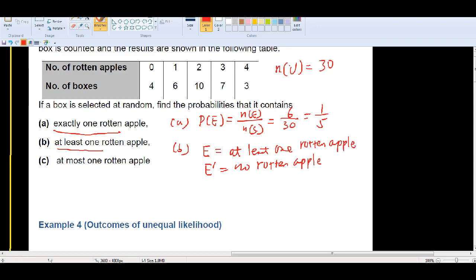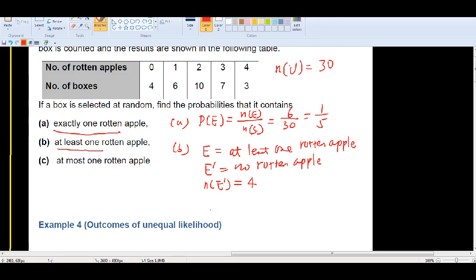Let's see which one is easier, because no rotten apple means number of rotten apples 0, there are 4 of them. But if you are going to find at least one rotten apple, you need to add all the numbers. For one rotten apple, 6 boxes, 2 rotten apples, 10. You need to add up 6 plus 10 plus 7 plus 3.